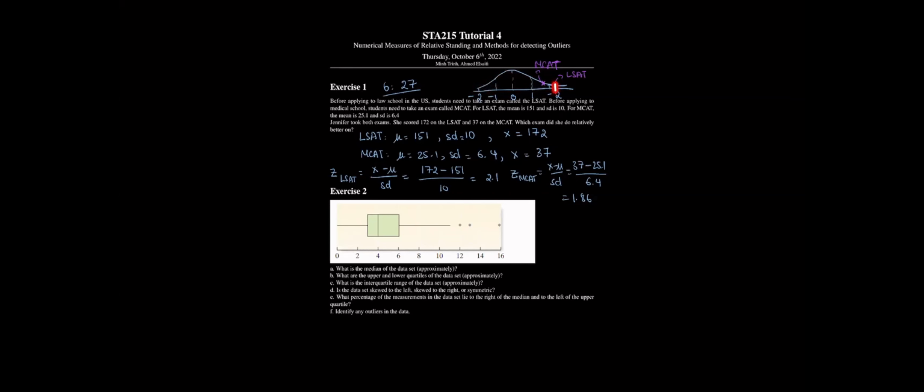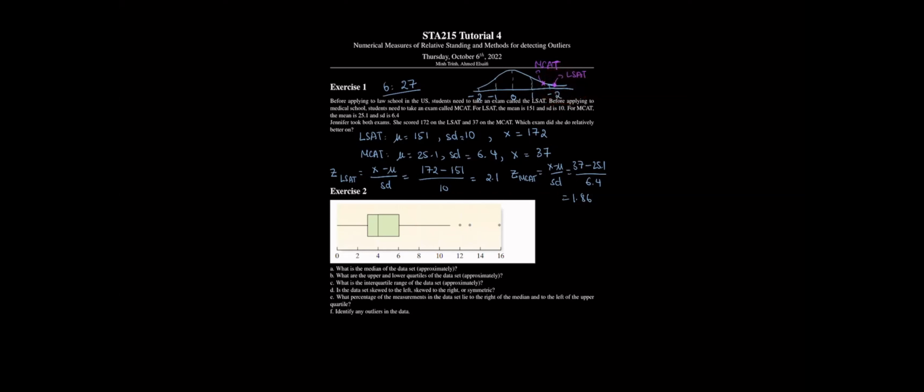So here it is further from the mean than here. I will not give exact numbers, but as an example, you can think of this as she's in the top 5%, and this one is similar to being in the top 10%. So obviously this one is better, right?